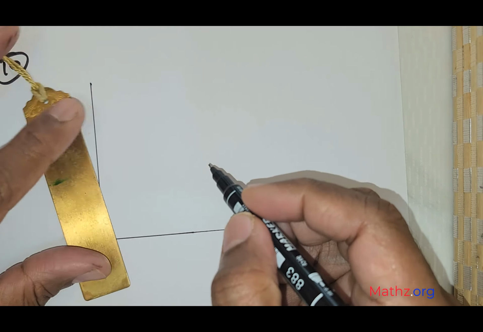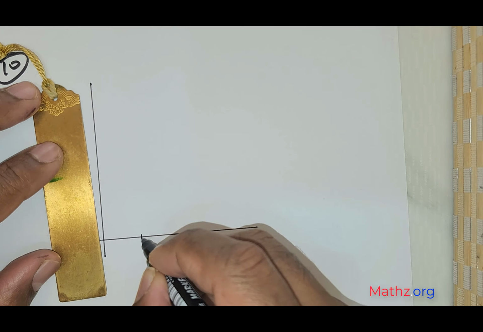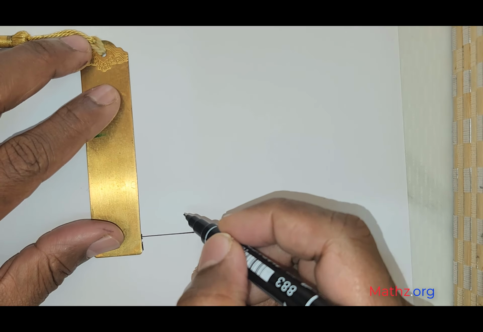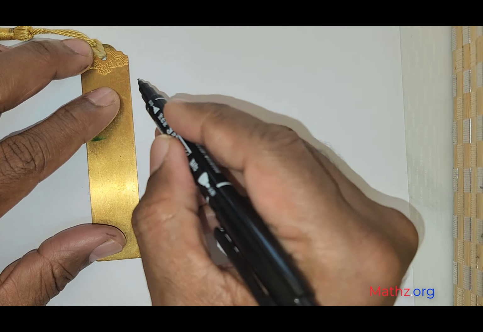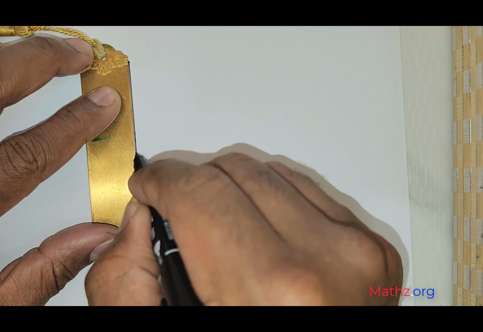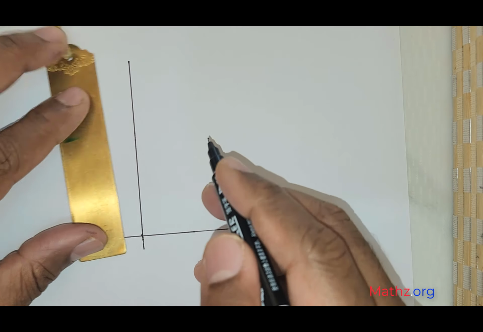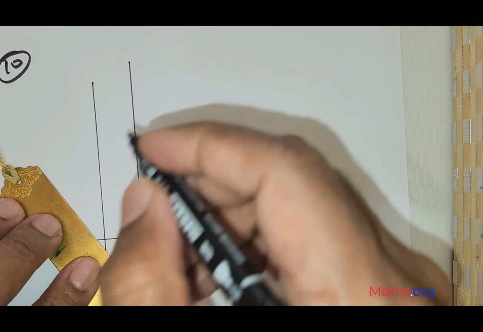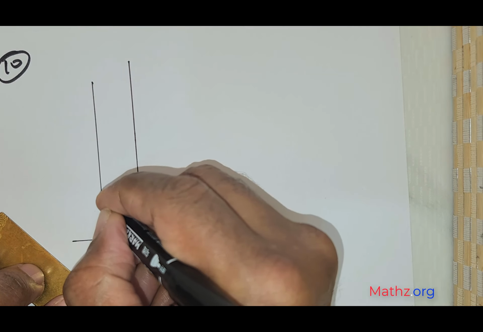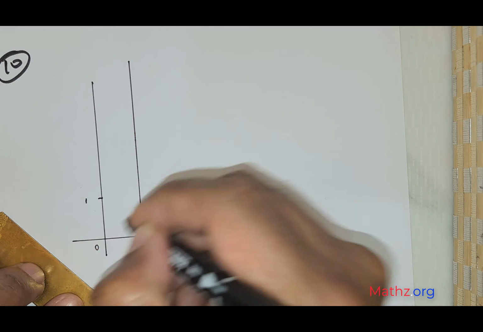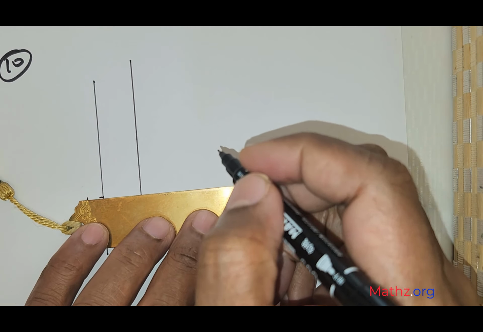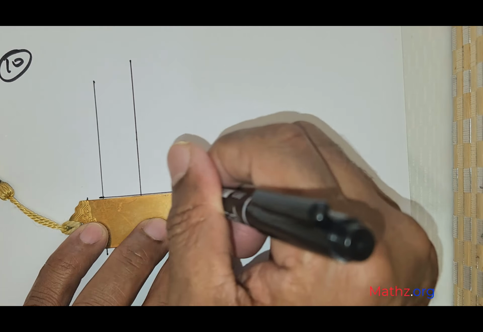Now we got a line x is equal to 1, moving like that, and then we have y is equal to 1, another line moving like this.